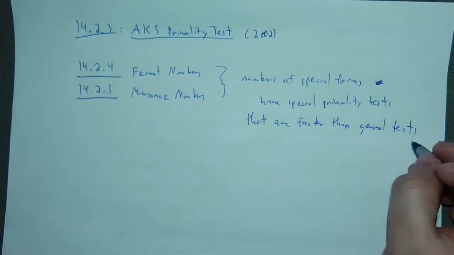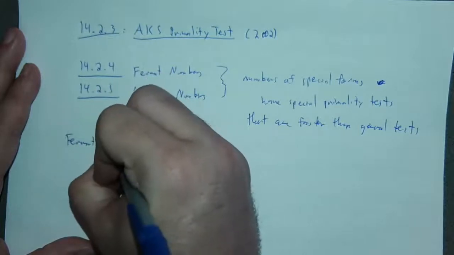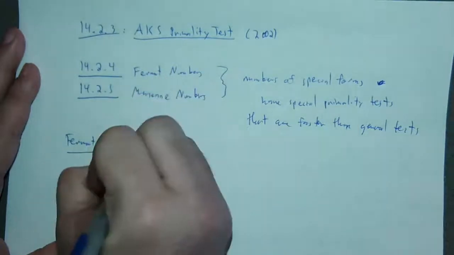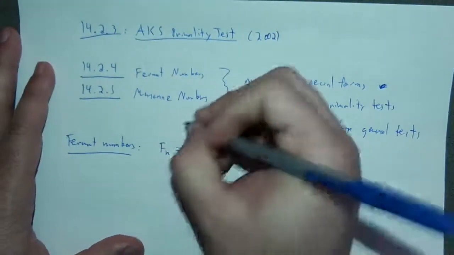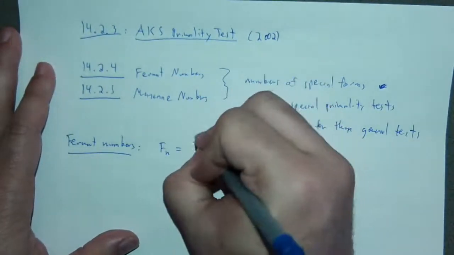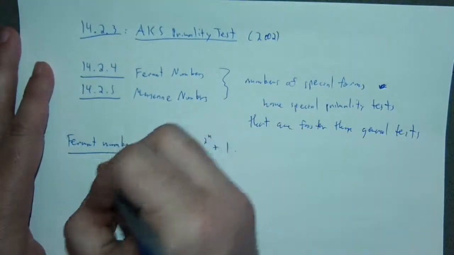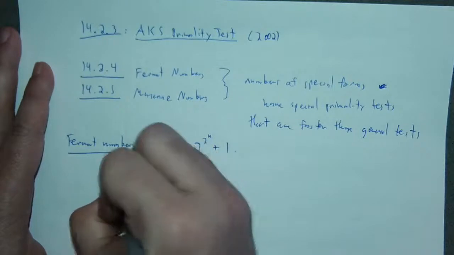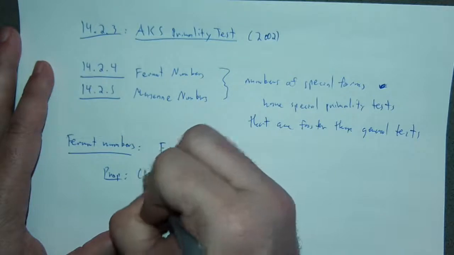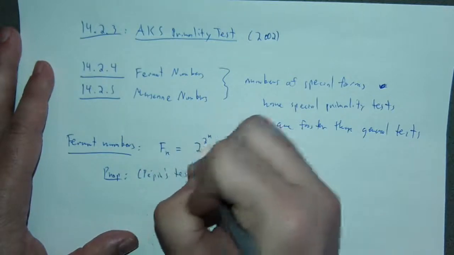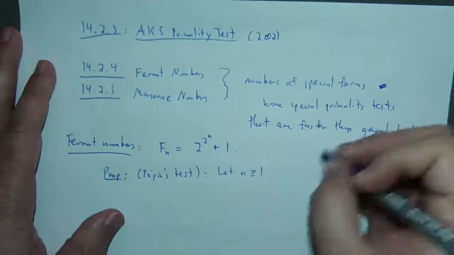Okay. So for Fermat numbers, remember, Fermat numbers look like this. So they're 2 to the 2 to the n, plus 1. So there's Pepin's test, which says, let n be greater than or equal to 1.